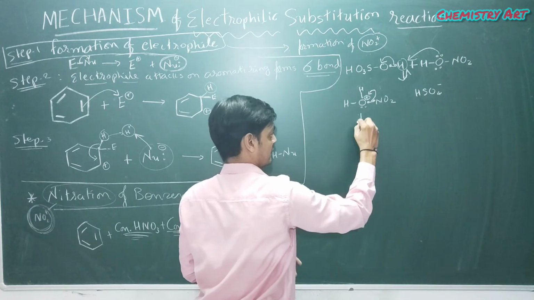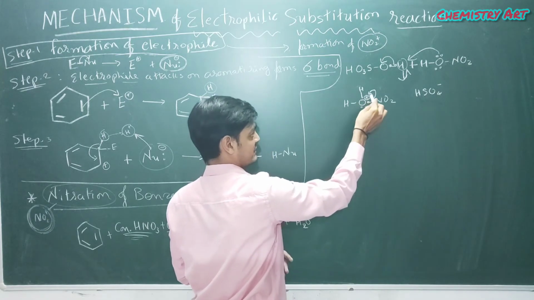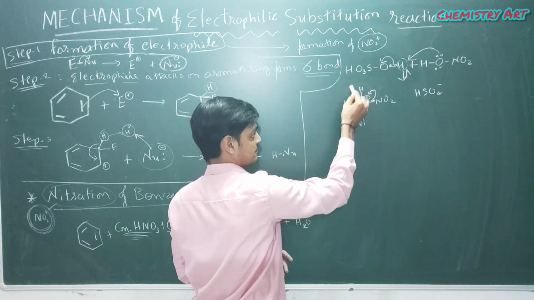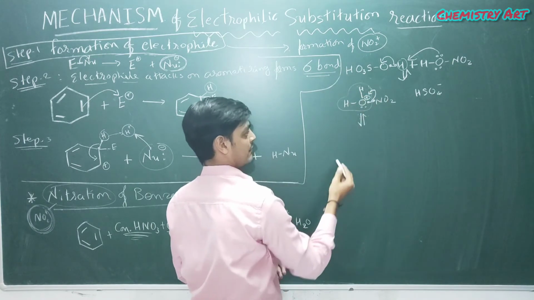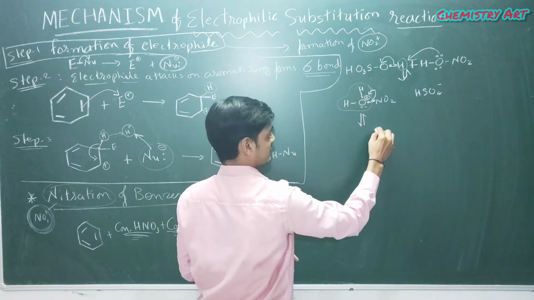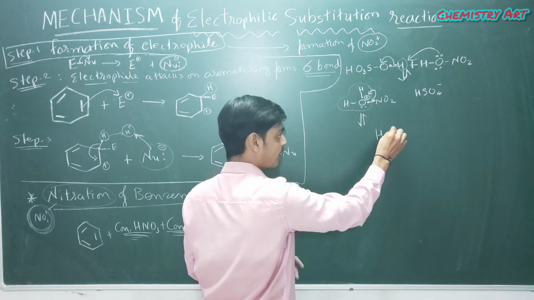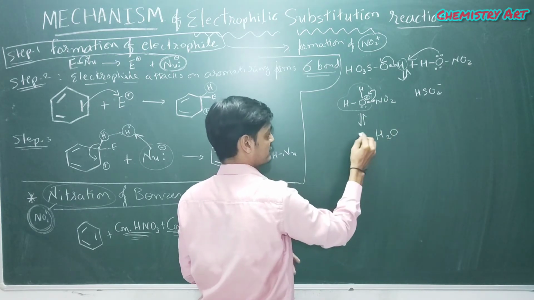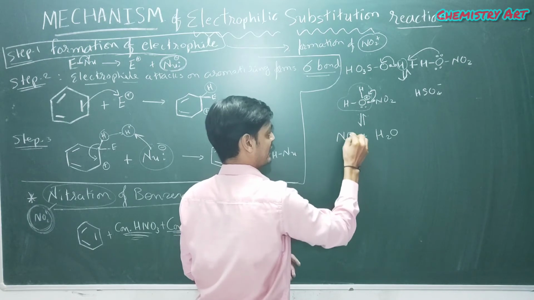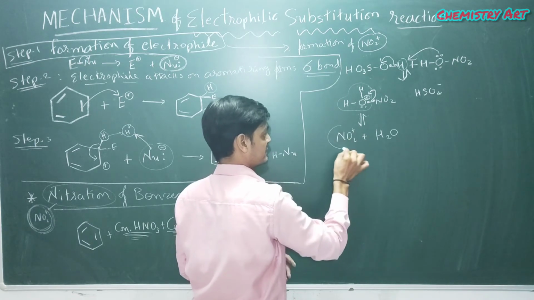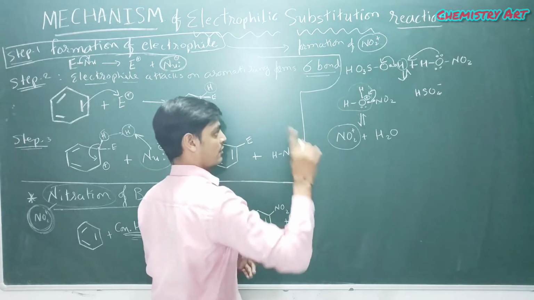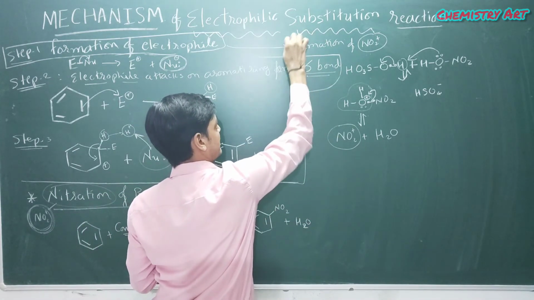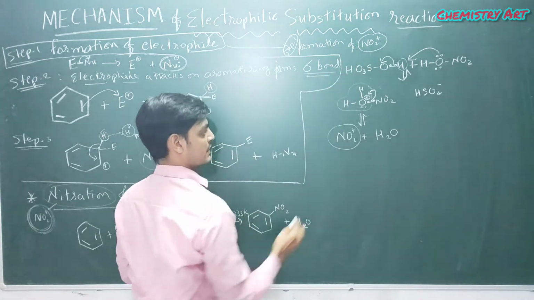If the bond between oxygen and nitrogen is broken, we get H2O as a byproduct, and the nitrogen, NO2, now bears the positive charge, so we get NO2+, which is our electrophile. So step number 1 is the formation of NO2+.